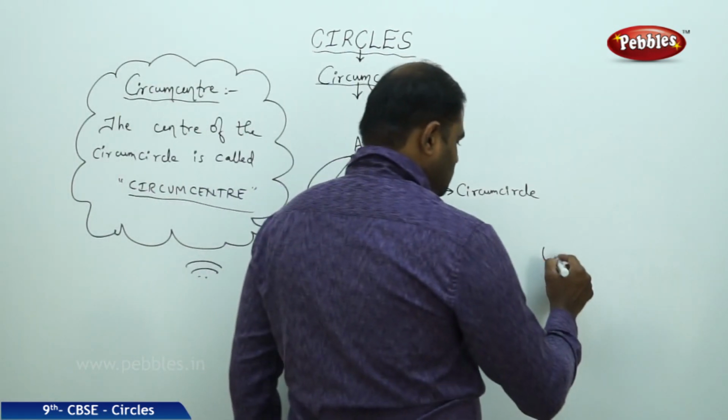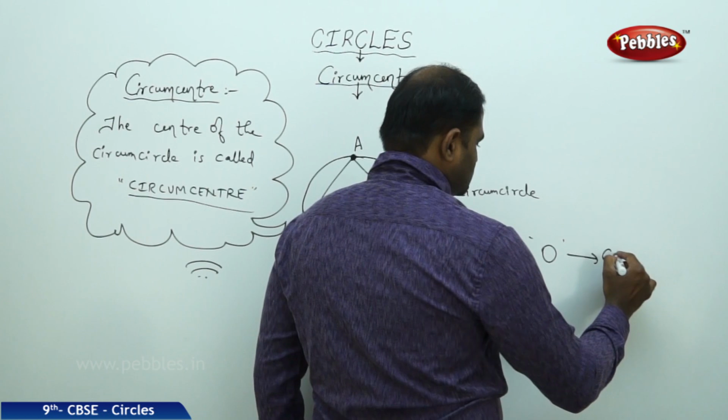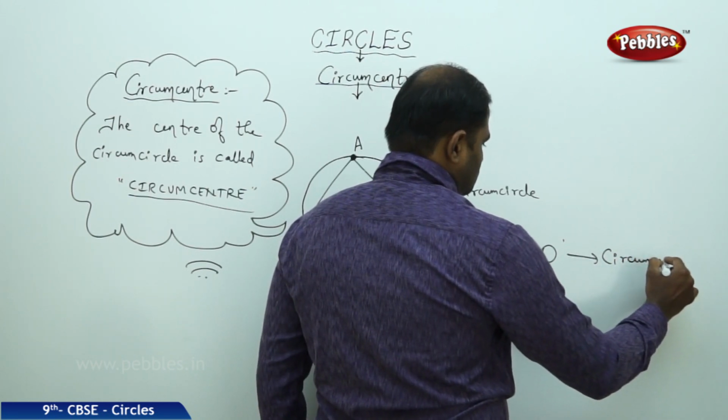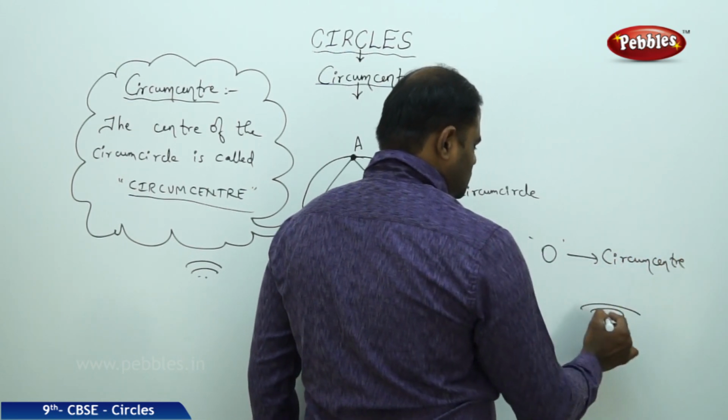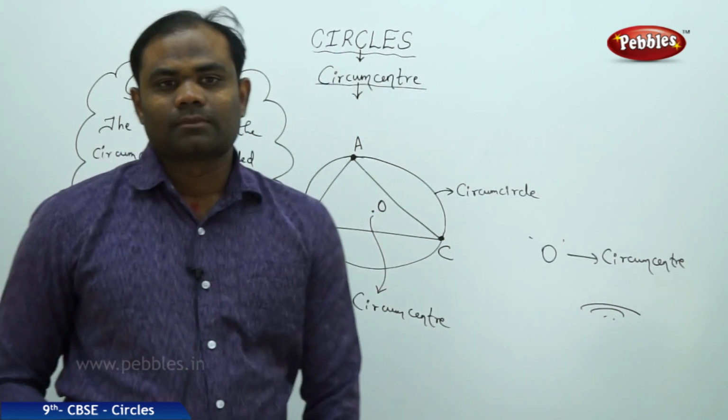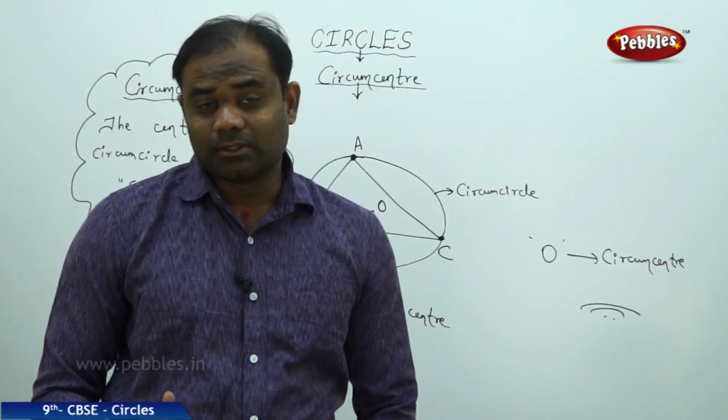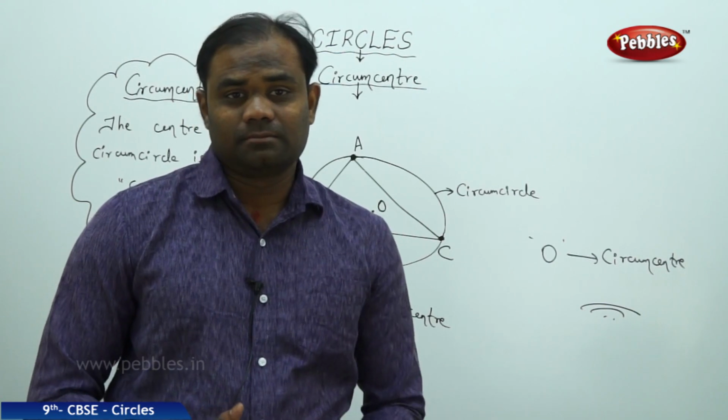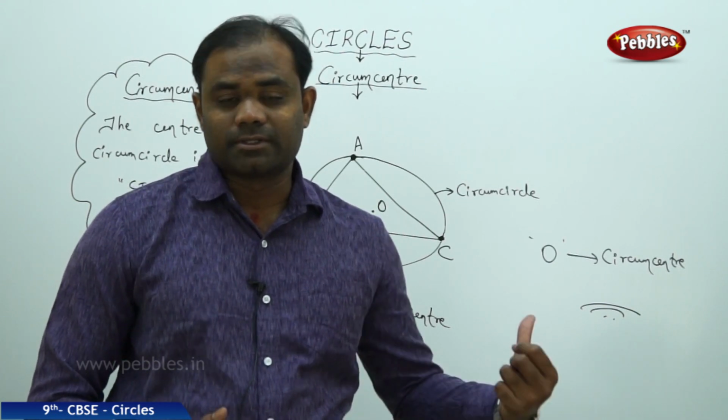So here point O is the circumcenter. The center of the circumcircle is called the circumcenter. That is how we understand the concept.